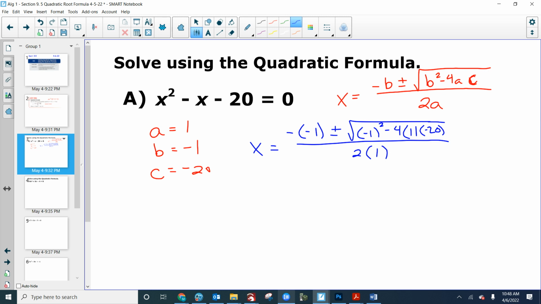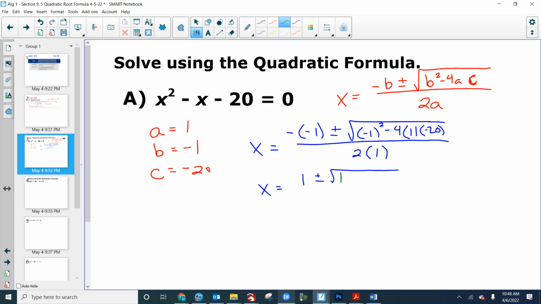Is everybody understanding where I'm getting these numbers from and where I'm putting them? Now, this one we may not need a calculator for. Opposite of -1 is +1, plus or minus the square root. Let's do the inside of the square root. What's -1 squared? 1.